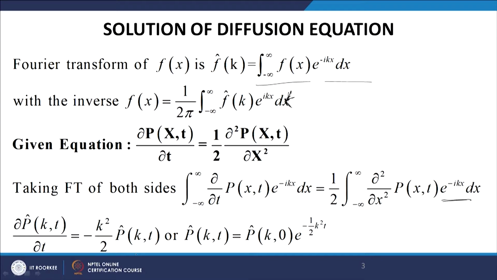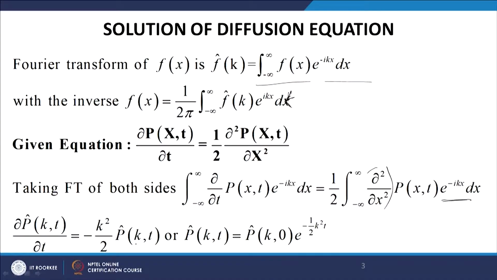The 1 by 2 term will be there as it is, and what is left is p of x, t, e to the power minus i k x dx, with the k square having already come outside, and so what remains is nothing but the Fourier transform of p.